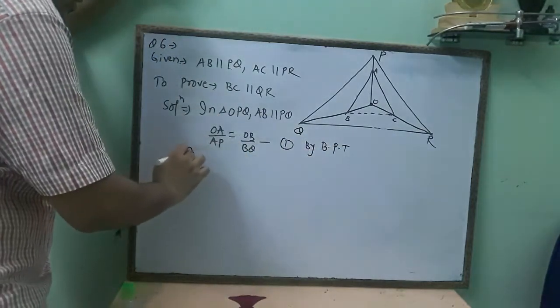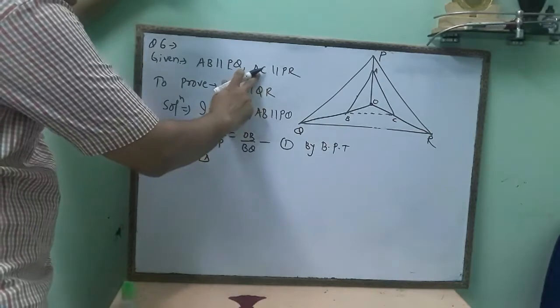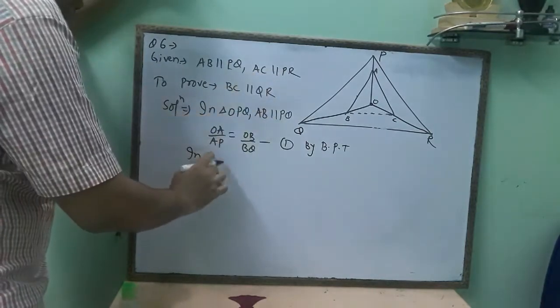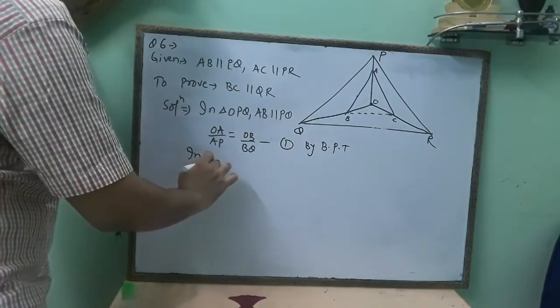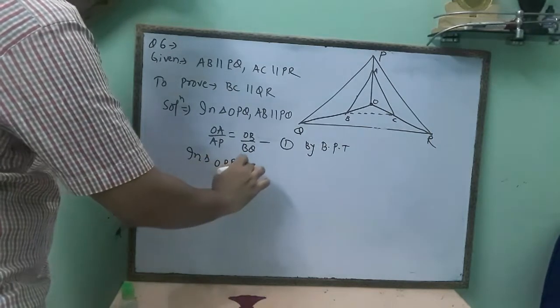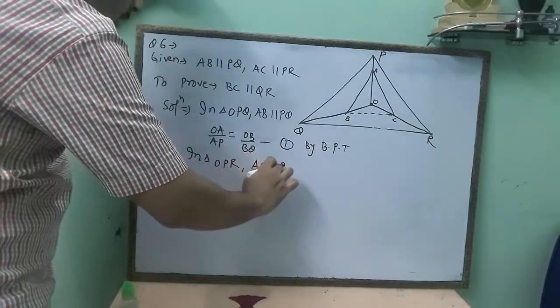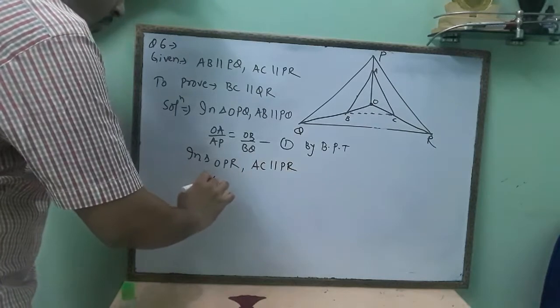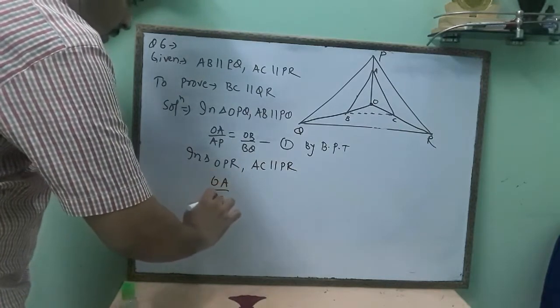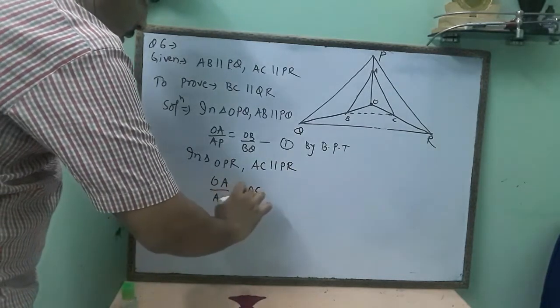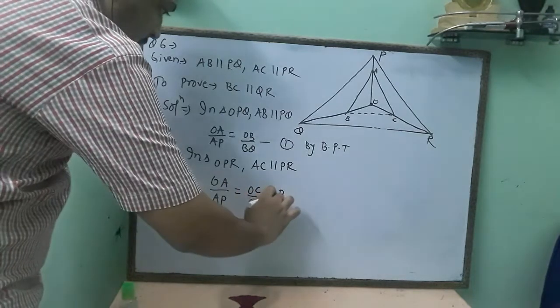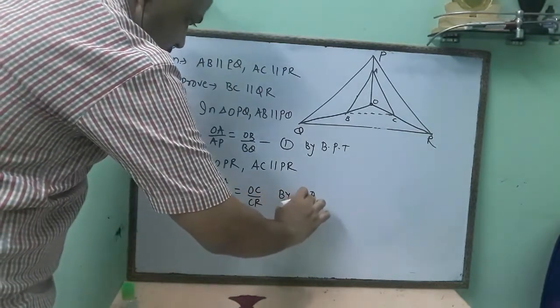Now similarly, here AC is parallel to PR, so we will use triangle OPR. In triangle OPR, AC is parallel to PR, and go for the Thales theorem. OA divided by AP will be equal to OC divided by CR by basic proportionality theorem, BPT.